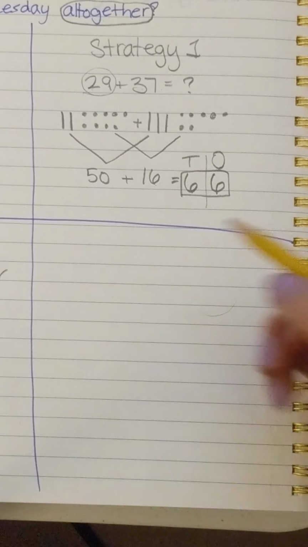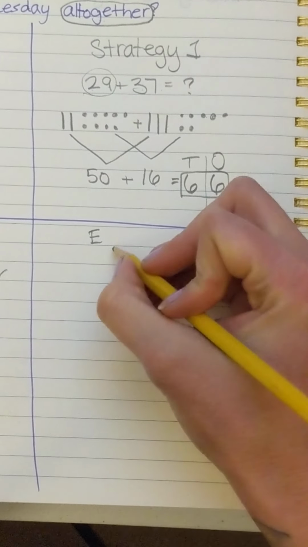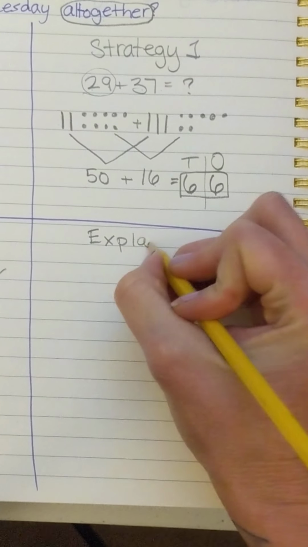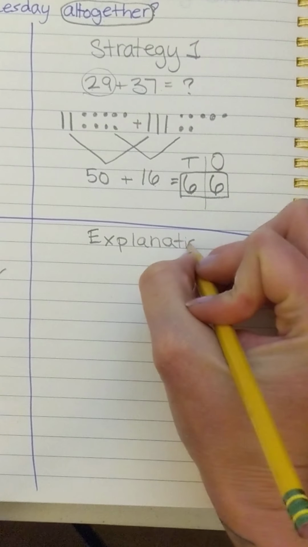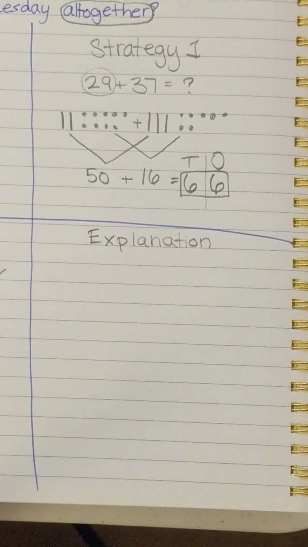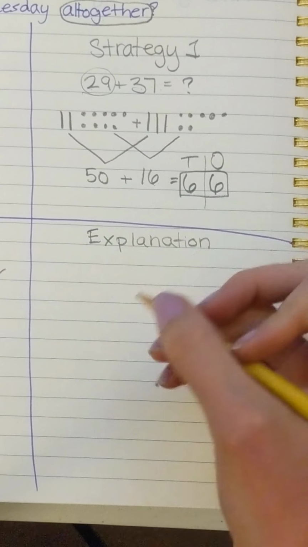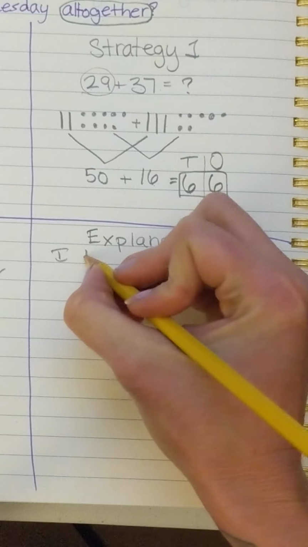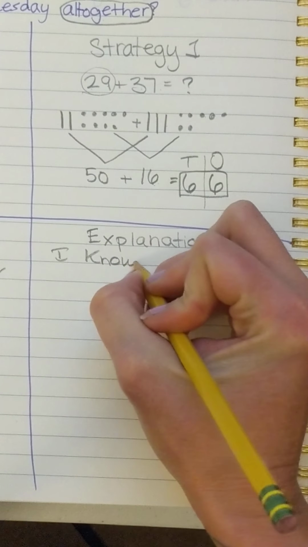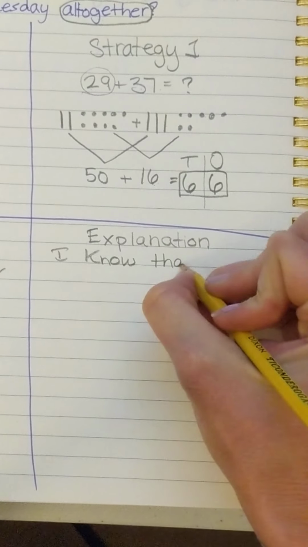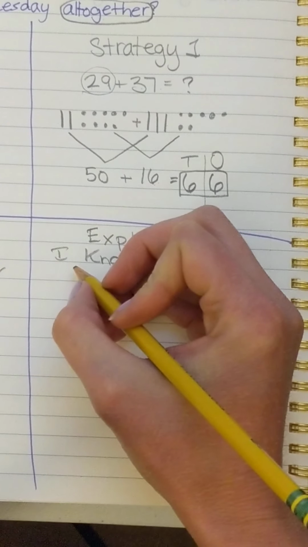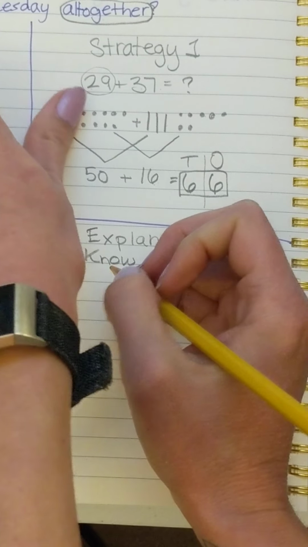Okay, let me move over a little bit. All right, in the last box, this is where I write my explanation. In a math explanation, we want to say what we did in our process and how we know we actually got the right answer. Okay, so I'm going to come over here and say, I know, that's how we would start, I know that, and then I write my answer sentence using the question up at the top.